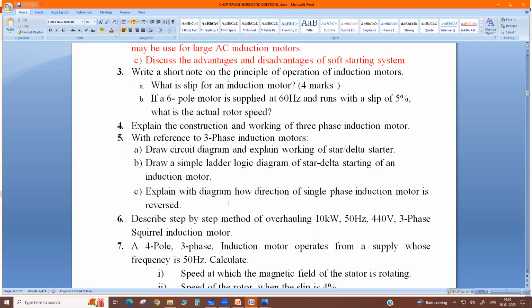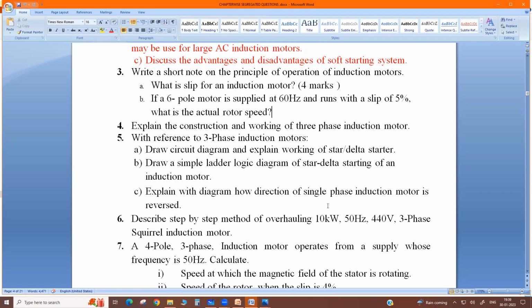Explain with a diagram how the direction of rotation of a single phase motor is reversed. Now another question asked this time from single phase motors: how do we improve the starting torque in a split phase motor?